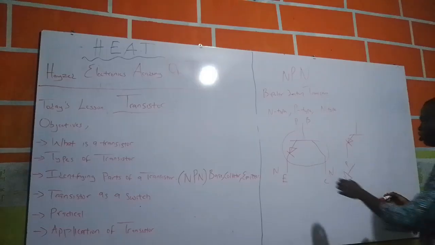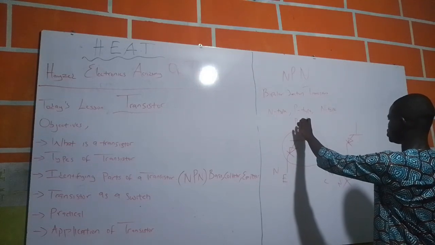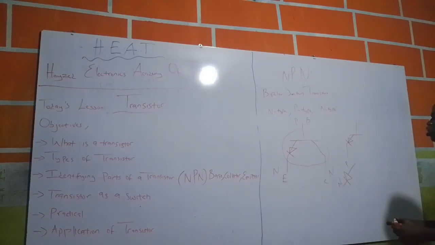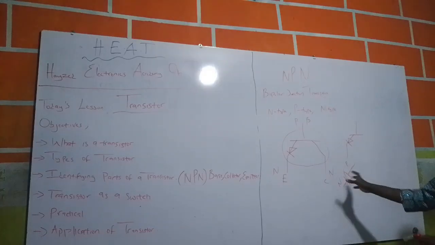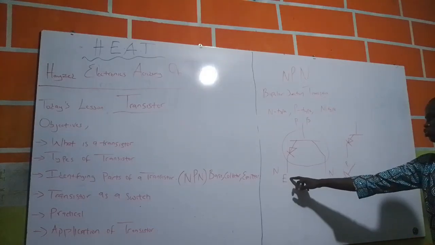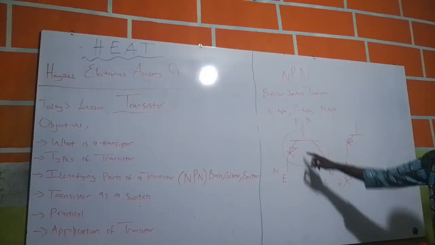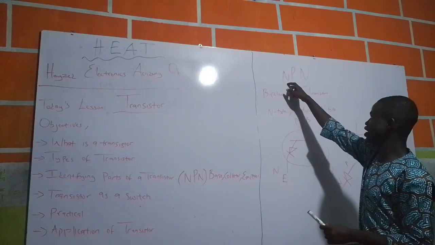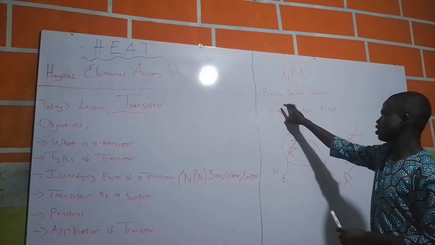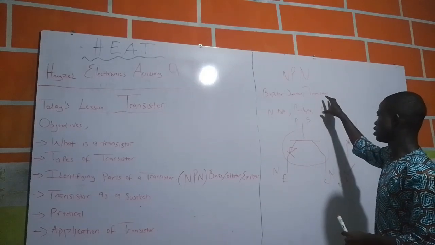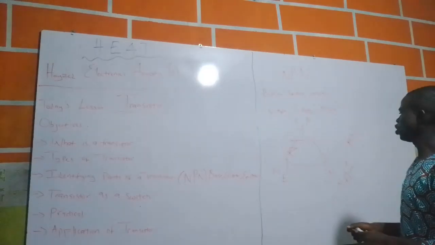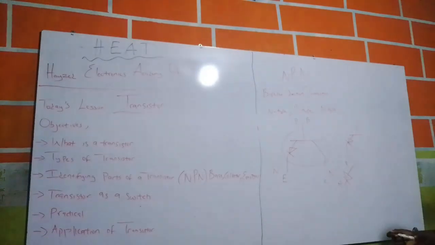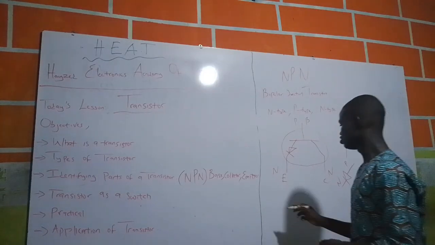Diode. So this symbol is telling us that the relation between the base and emitter of a transistor is just like a diode. This N is the negative of a diode, this P is the positive of a diode. But remember, the main meaning of NPN is that it's N type, P type, and N type.